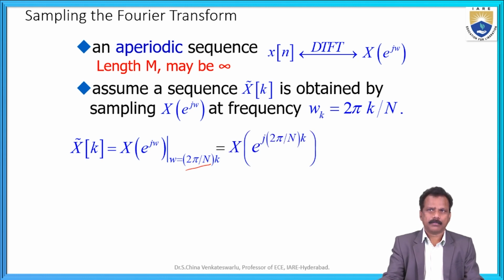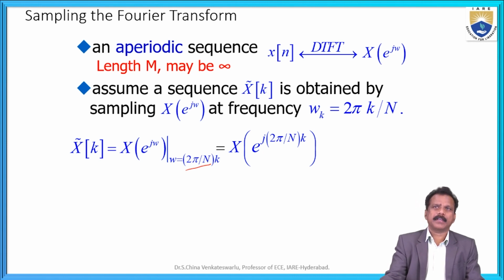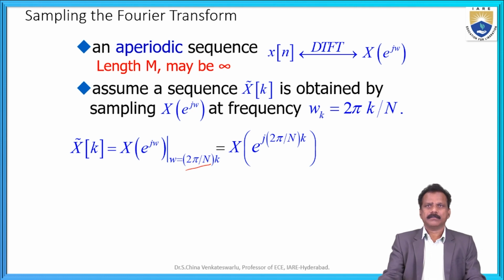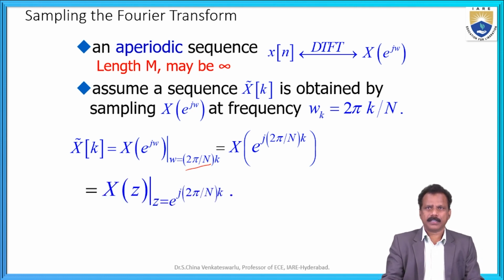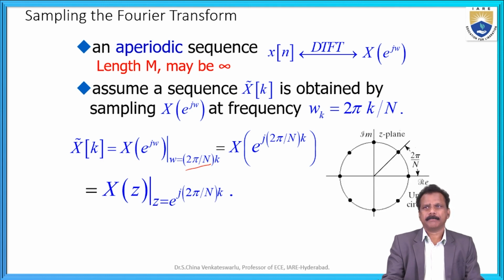Now the sampling of the Fourier transform as a periodic sequence x of n with length M, may be infinity. X of z where z is equal to e power j 2 pi by N into k. So on the unit circle, with real part and imaginary part, in the z plane, this length is 2 pi by N and the period is N.